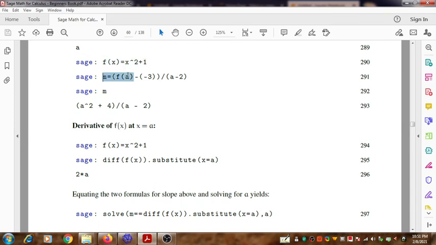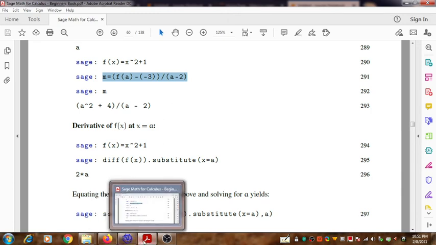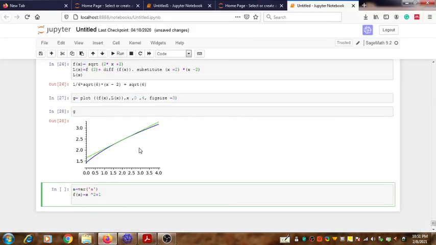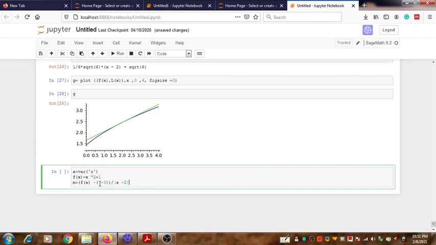And we can define m. Okay, m is defined.